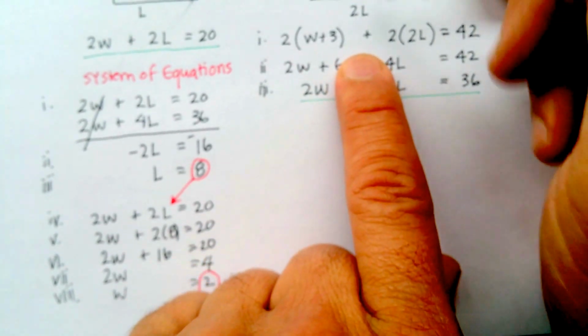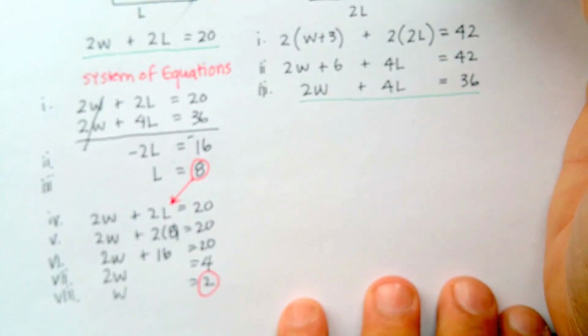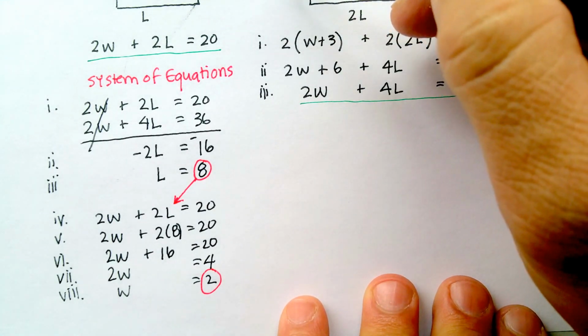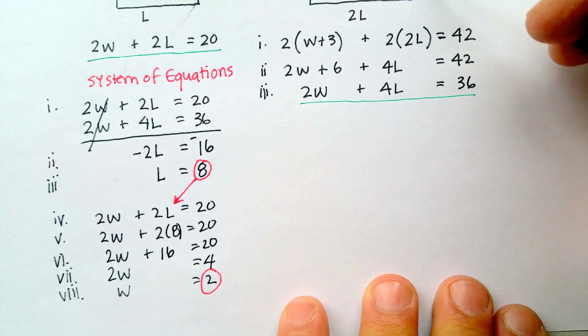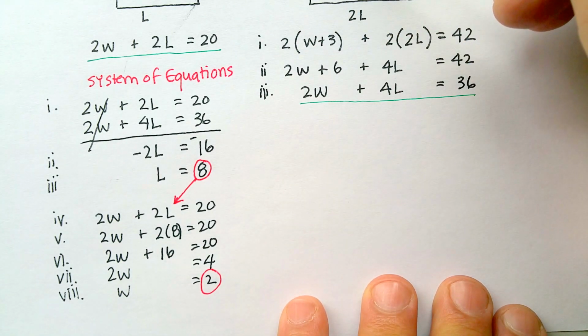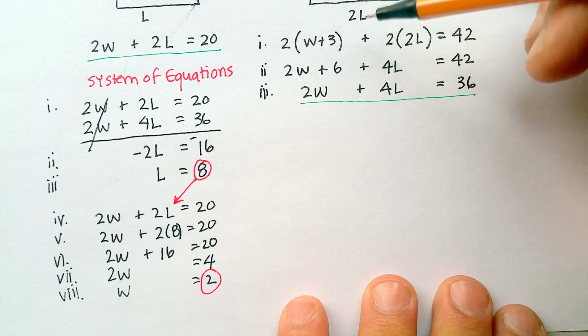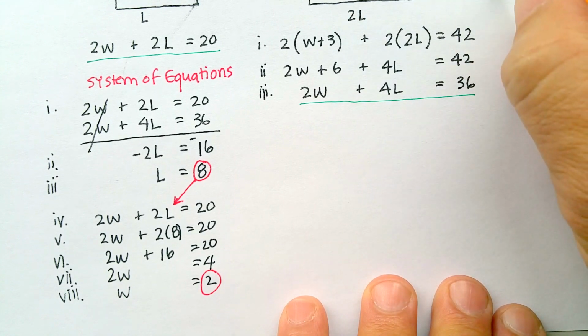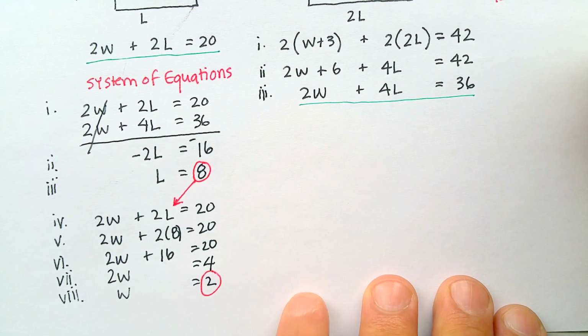But that has to make sense in this one too, because L's and W's are the same. 2 plus 3 is 5. 2 plus 3 is 5. 5 and 5 is equal to 10. 2 times L is 8 is 16. 16 plus 16 is 32. That adds to 42. Yep, sure enough it does.